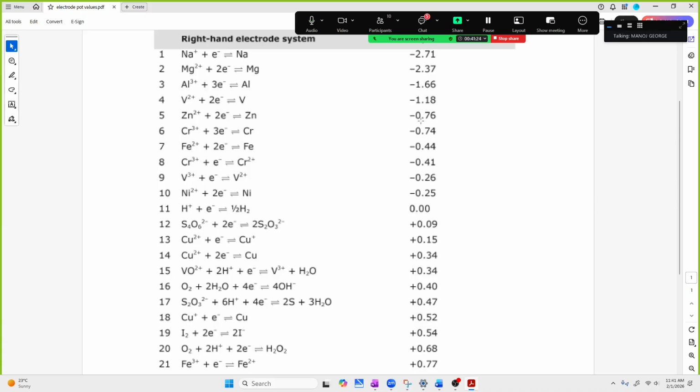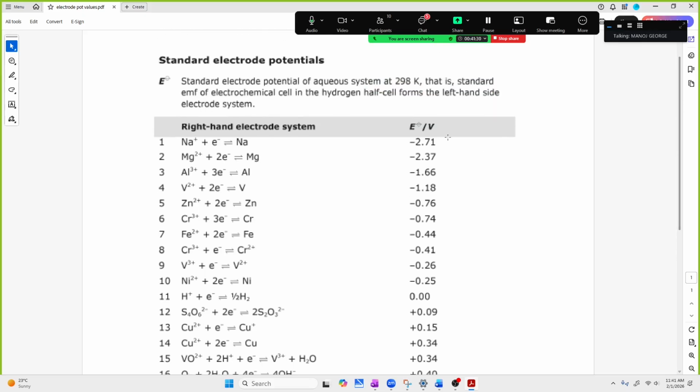Okay. What that means now is that all these values that you see, which we call electrode potential, are actually reduction potential. It's reduction potential, the tendency of reduction. How much is the tendency of reduction for sodium ion? Negative 2.71. How much is the reduction tendency of magnesium ion?